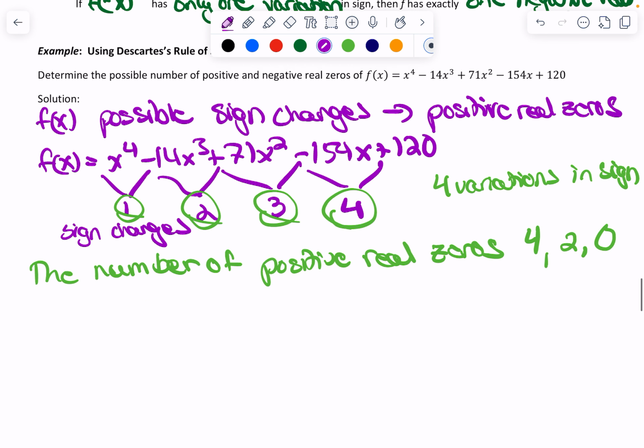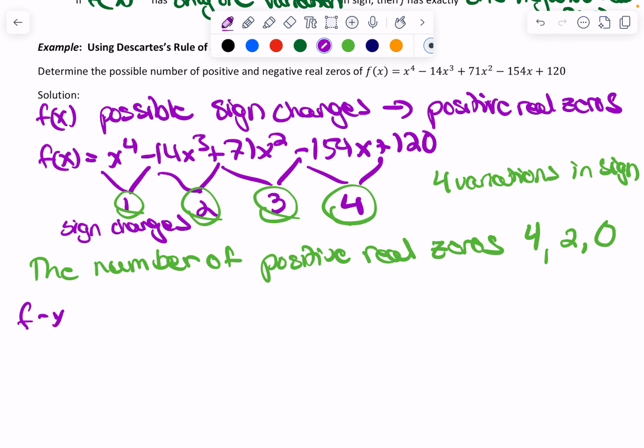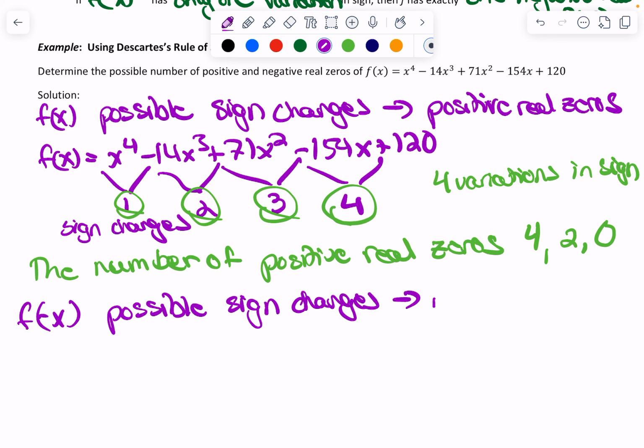Okay, next we're going to look at f of negative x. Possible sign changes means that there are negative real zeros. Again, remember that we're not looking for the real zeros, we're just looking at how many are possible right here.